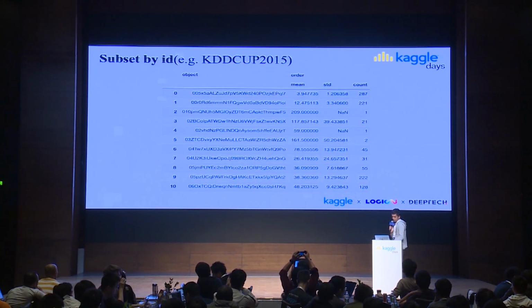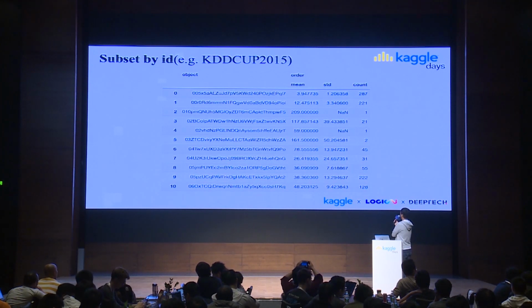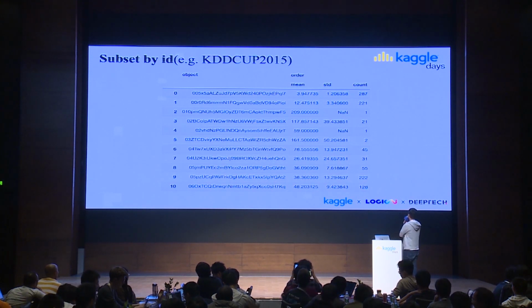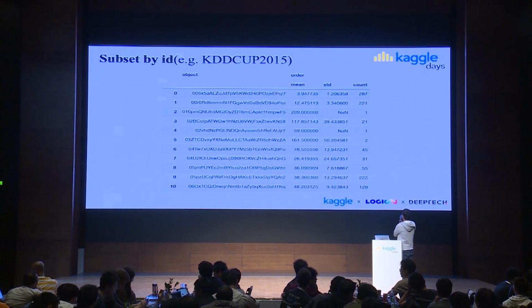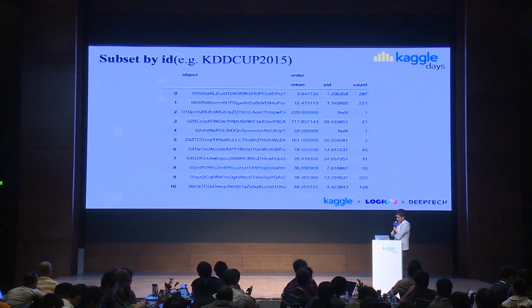And this is a table calculated with group by object and order mean and standard deviation. As you can see, at index 0, the order mean is 3.9 and the standard deviation is 1.2.